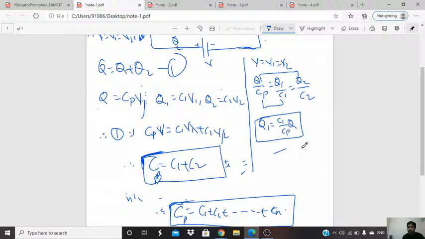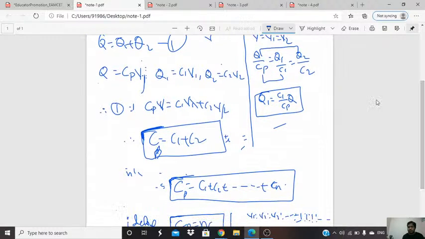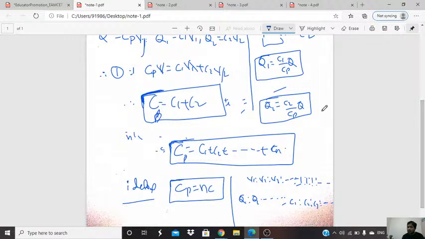Equate these two. Q by Cp equal to Q2 by C2. So Q2 will be what? C2 by Cp into Q. Like that for Q3, C3 by Cp into Q, C4 by Cp into Q, Q4.